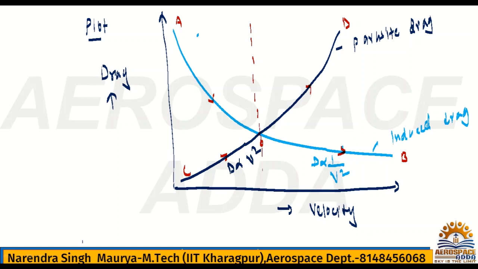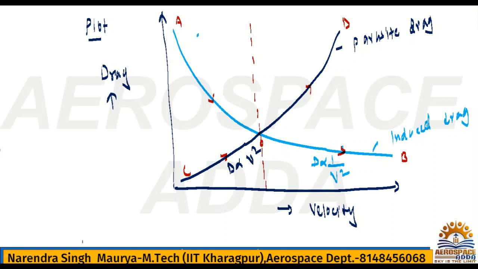Check. So in half of the part here, velocity is increasing, but drag is decreasing. Is it possible?